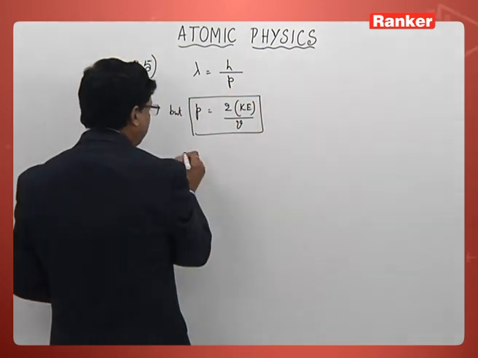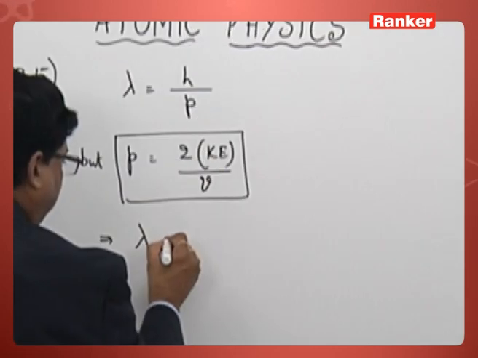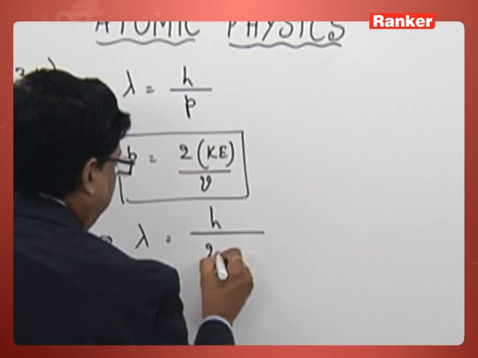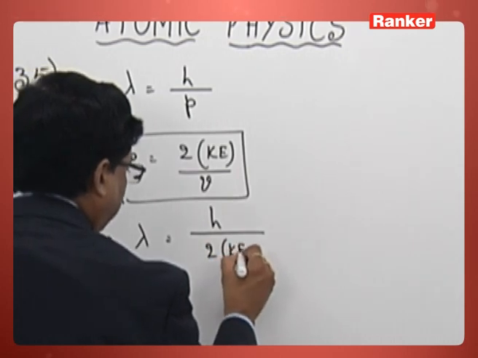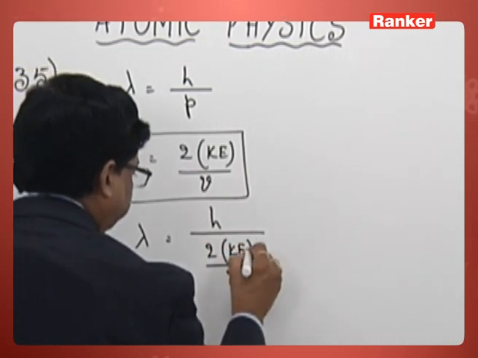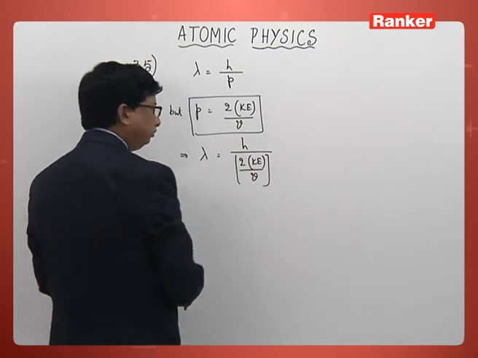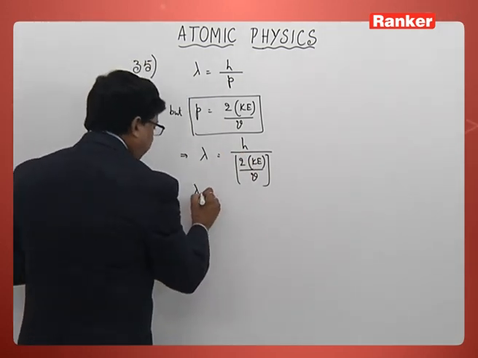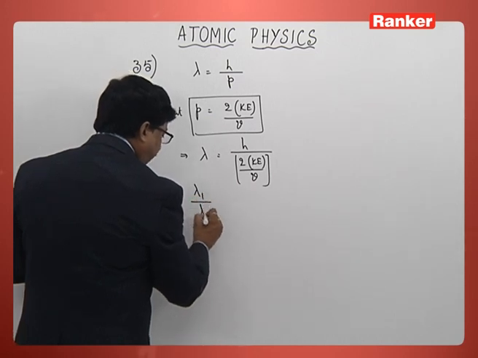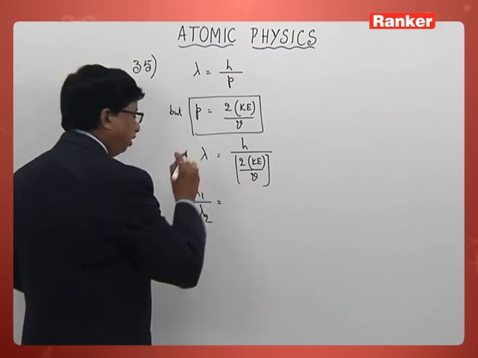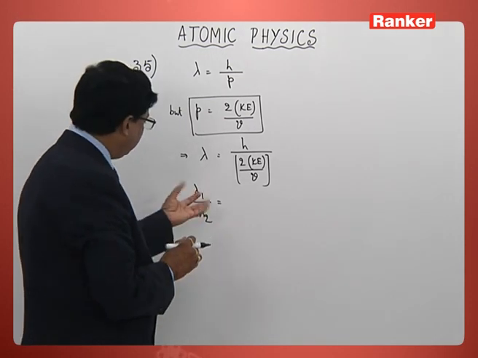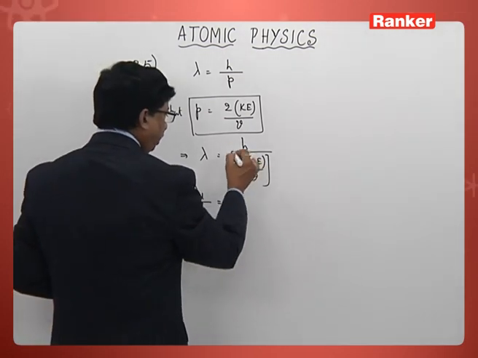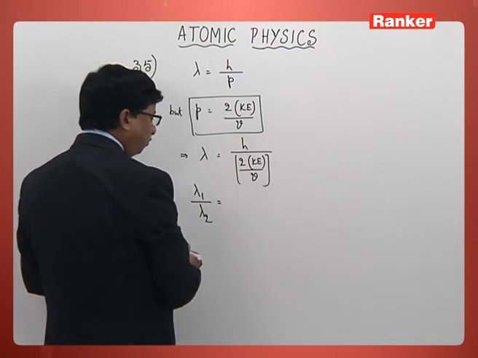So this implies lambda is equal to h by twice KE by velocity v. Now take the initial de Broglie wavelength lambda 1 and the final de Broglie wavelength lambda 2.